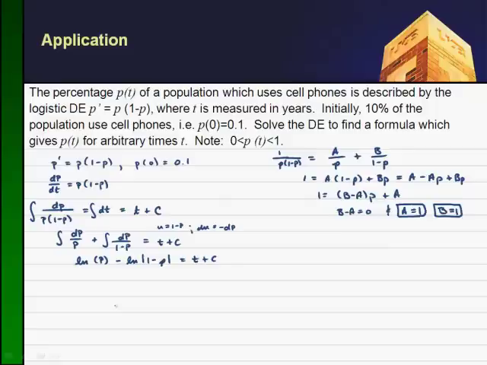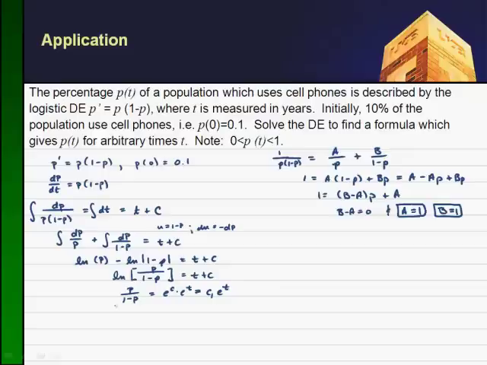And since P is always between 0 and 1, again, this 1 minus P term should always be positive. So I get the natural log of just the binomial 1 minus P. And since I have the subtraction, I use my properties of logs to write this as the natural log of P all over 1 minus P is equal to t plus C. Exponentiating both sides, I get P over 1 minus P equals e to the C times e to the t, which I'll just write as C1 e to the t.